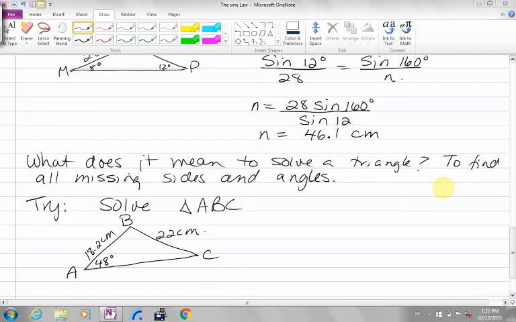Cam just asked a really good question. He says, when you're looking to find, say, side B, does it matter whether you use angle C with side C or angle A with side A? No, it doesn't matter if you found all the other pieces correctly. So to be super cautious, I would always use the information given as much as possible because I know that's right.